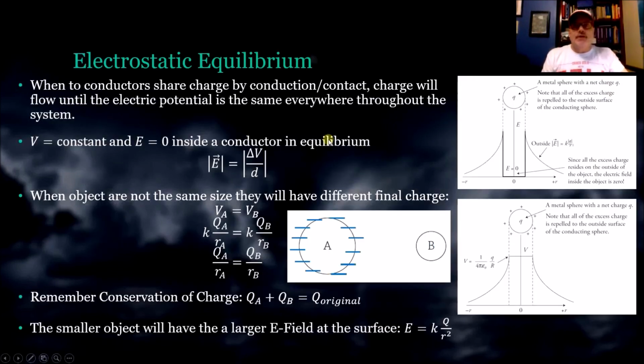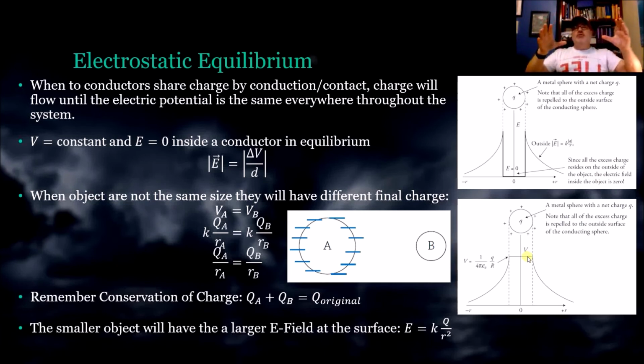All right, one last thing. Electrostatic equilibrium, and this is a key idea. When two conductors share charge by conduction or contact, charge will flow until the electric potential is the same everywhere throughout the system. So remember over here that we have 0 potential change inside. It's a plateau. And that has to be true whenever we touch things together.